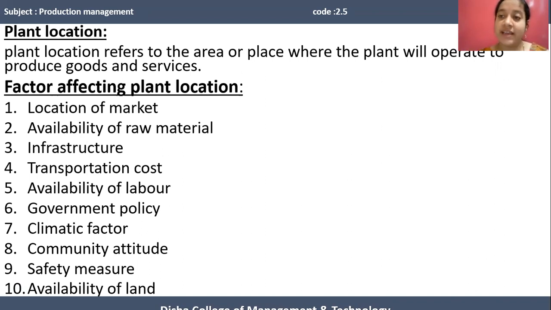Generally, while identifying a proper place for installing or locating the plant, the production manager has to consider certain factors like location of the market, availability of raw material, infrastructure, transportation cost, availability of labor, government policy, climatic factor, community attitude, safety measure, availability of land. These are the certain factors the manufacturer should consider while identifying a proper location for his plant.